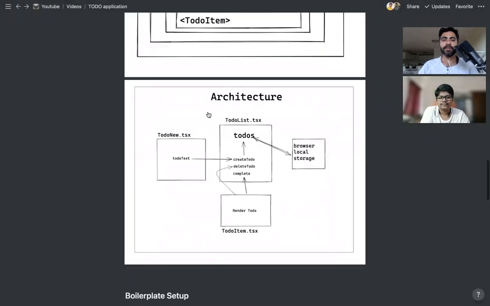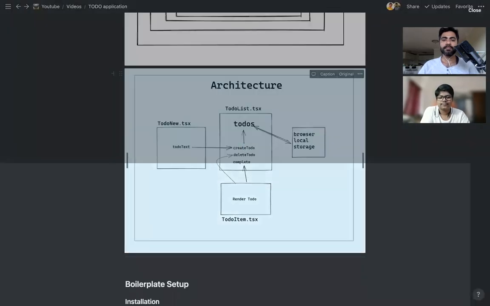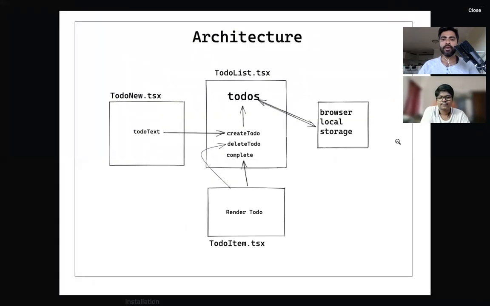Now coming to this architecture. As we decided, this is the important piece: browser local storage. We talked about whether to create a real API or use some mock API. In the future, we'll definitely use some kind of API, like AWS serverless or some Node.js based API.